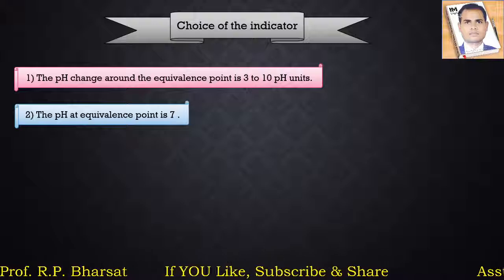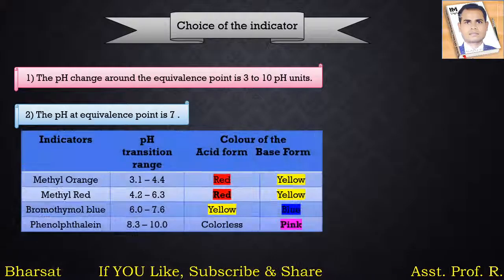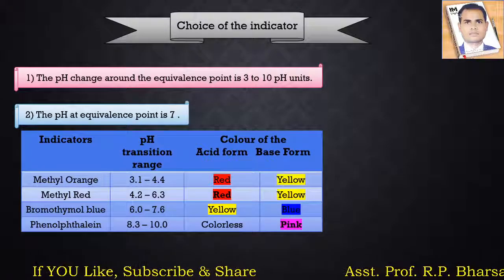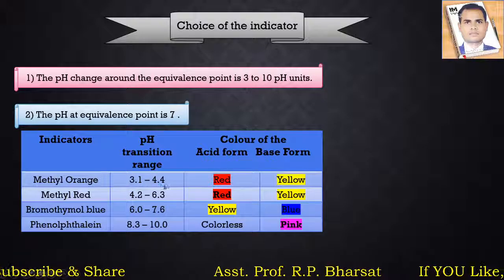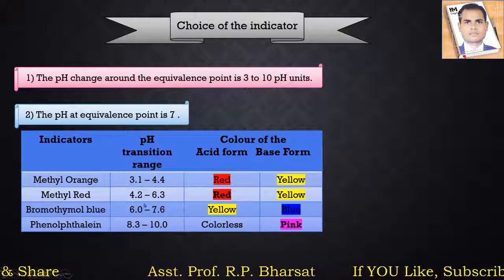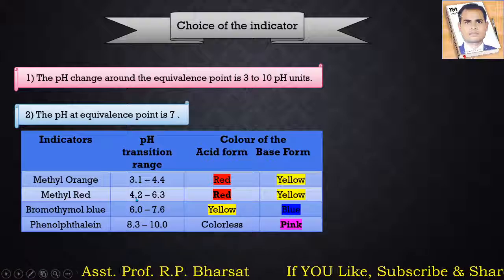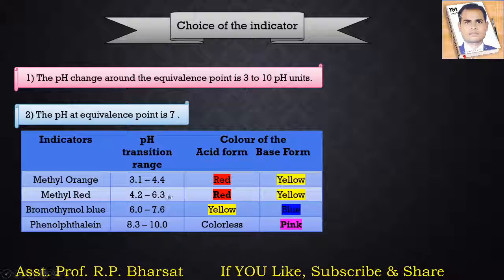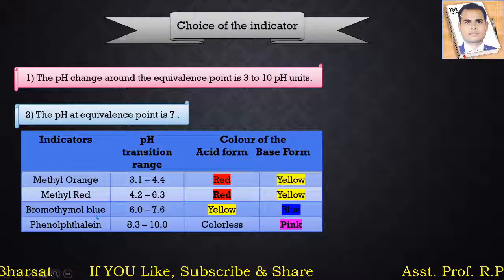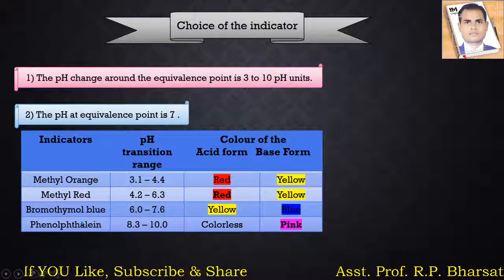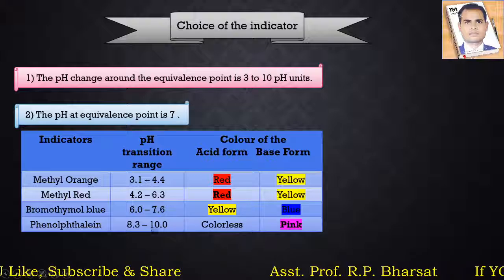The transition range of methyl orange is 3.1 to 4.4, methyl red 4.2 to 6.3, bromothymol blue 6 to 7.6, and phenolphthalein 8.3 to 10.